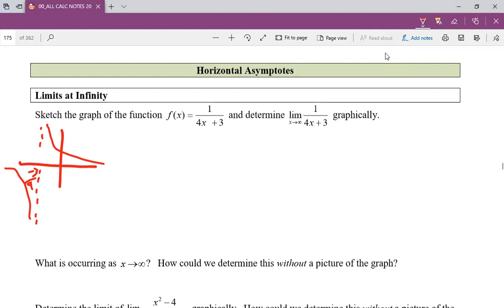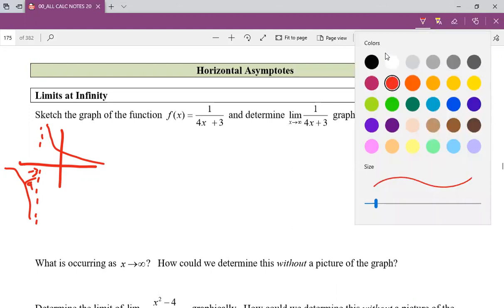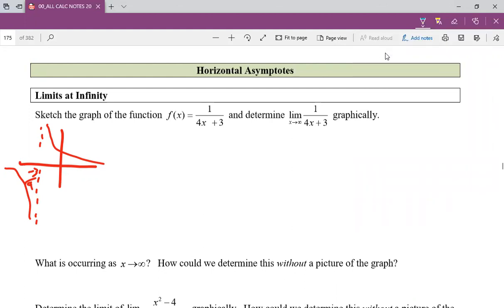What we dealt with before is we looked at this and we said, if we've got the limit as x is going to infinity of 1 over 4x plus 3, then we multiply both numerator and denominator by 1 over x, x being your highest degree of either the numerator or denominator. We have 4x downstairs, which is degree 1, so we're going to divide by just x to the 1, both top and bottom.